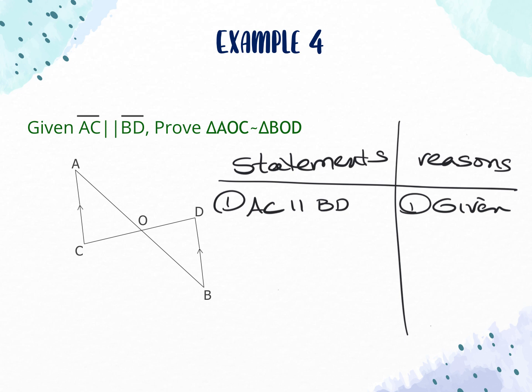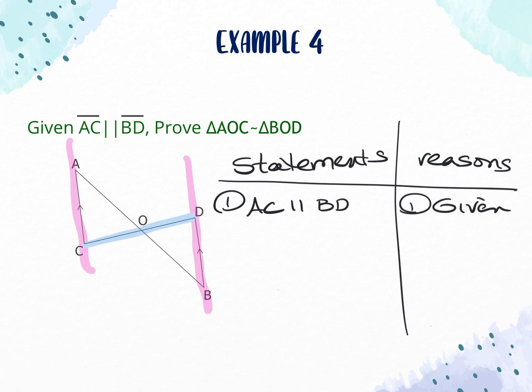Now we can go about solving this proof 2 different ways. Because we have the parallel lines here, I could use this as a transversal, which creates a pair of alternate interior angles.